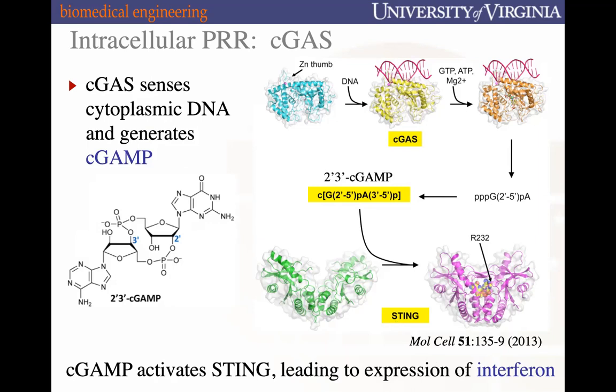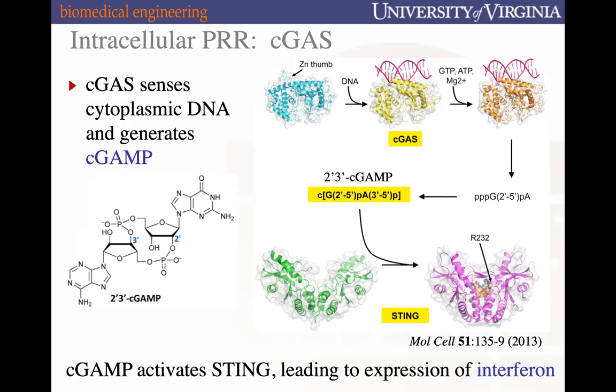STING is really important because it leads to the expression of a family of proteins called interferons. Interferons are really important because, once they bind to their receptors, there are different classes of interferons, but once they do, that is a really powerful way for our immune cells to know there is something going on inside this cell. We should either kill what's inside it or kill that cell.